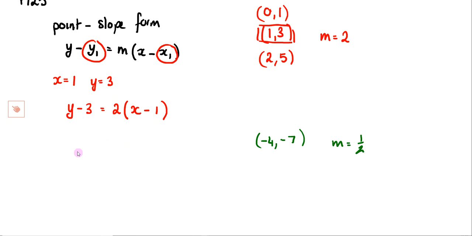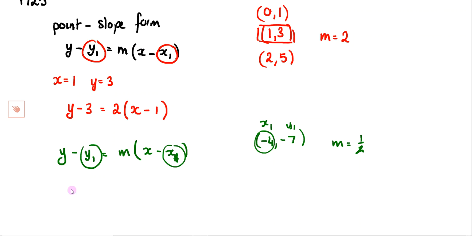So we're going to put this into our formula. So remember we've got y minus y1 equals m times x minus x1. Sorry, not x2. So this x is the x1, and this y is that one, y1.